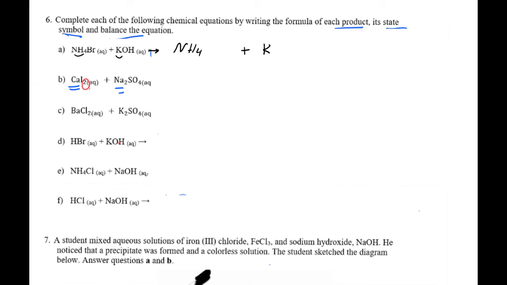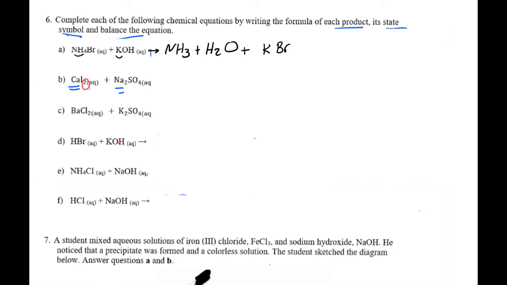So NH4 is going to take OH and K is going to take Br. But because NH4OH is unstable, it quickly dissociates into NH3 and water. So the result will be NH3 plus H2O plus KBr.